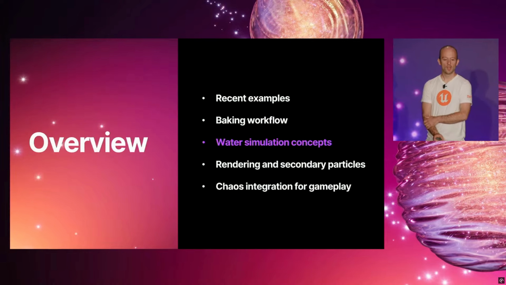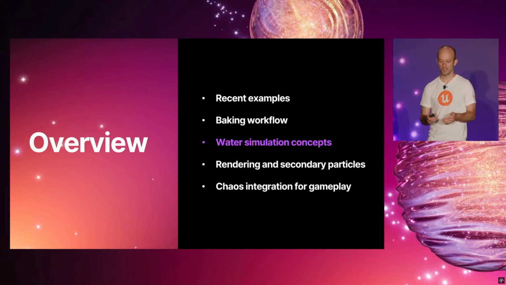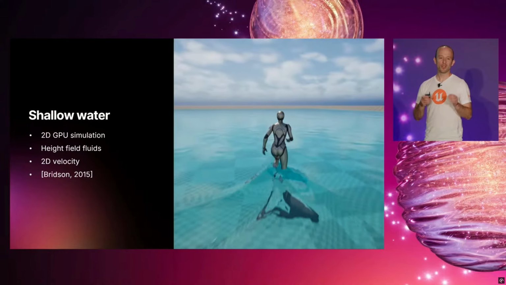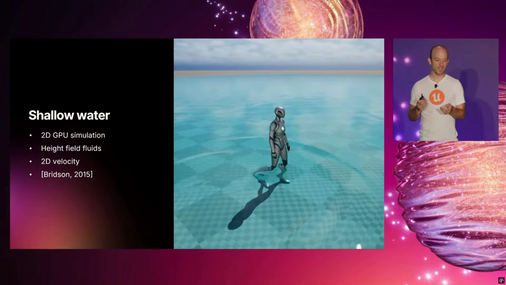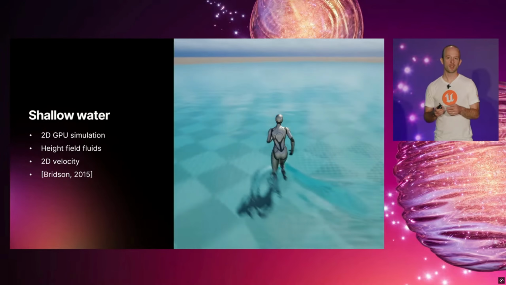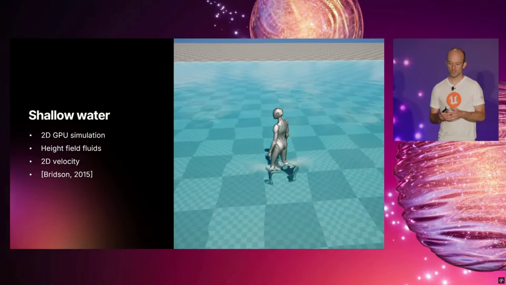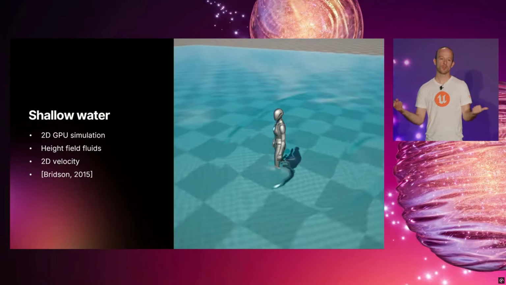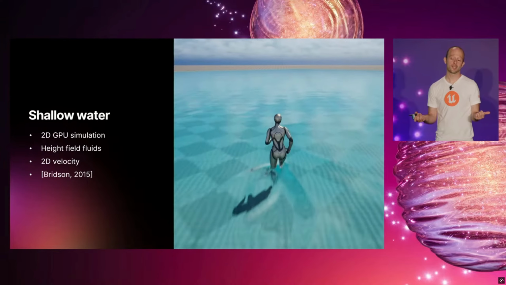Okay, so next we're going to talk about the water simulation concepts that work behind the scenes here to get the results. Everything here relies on shallow water simulation. Shallow water simulation is a 2D fluid simulation technique that generates a height field that describes the fluid state. So you get the fluid height, and there's some amount of depth associated with it, and a two-dimensional velocity vector on that surface that represents the flow velocity.